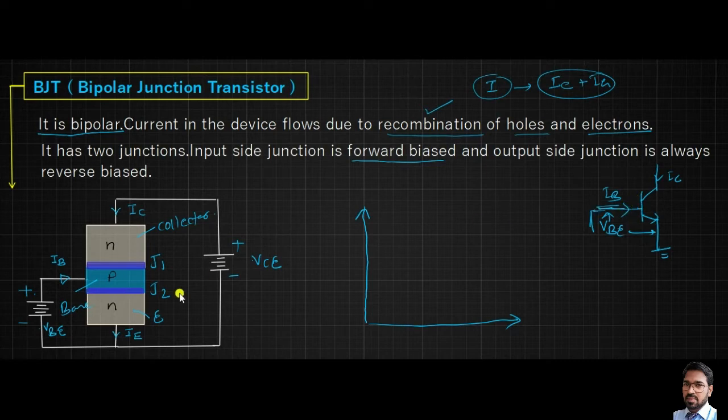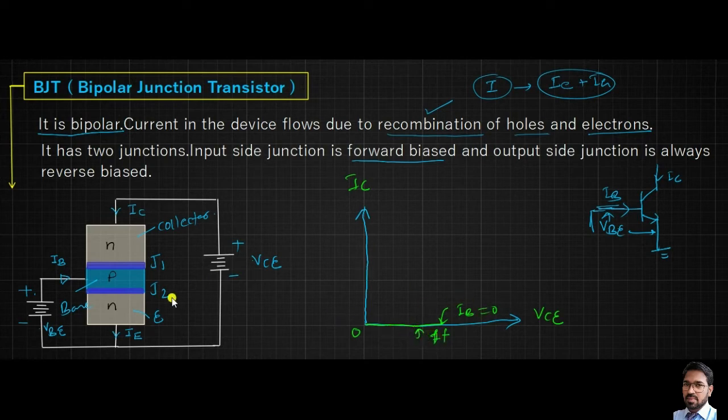Suppose base current is 0, what will be the collector current? That is our point of discussion. If IB is 0, IC will also be 0. This is the collector current and this is the collector to emitter voltage. So we are talking about the DC voltage and DC current. When IB is 0, IC is 0. So this is the off state of the device. It is called the cutoff state of the transistor.